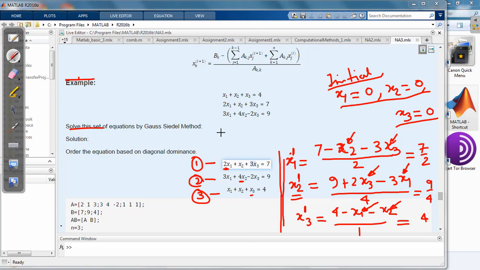But in case of the Gauss-Seidel method, to find the first iteration x1, we are going to use x2 and x3 as 0. No issue, that will be the same. But when we are trying to find x2 in the first iteration, we do not have any other value of x3, so we'll put x3 equal to 0.